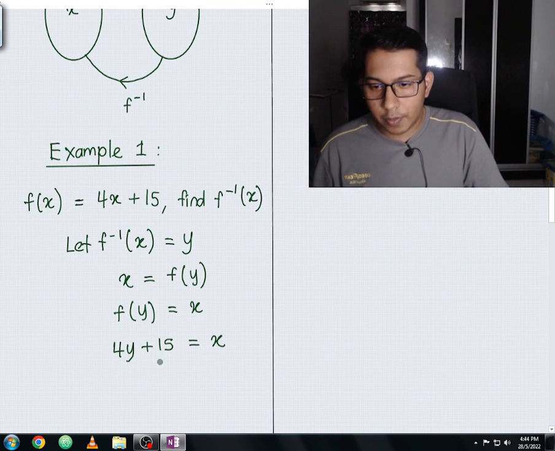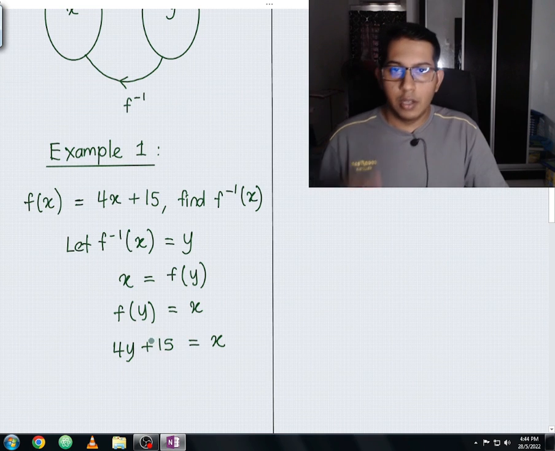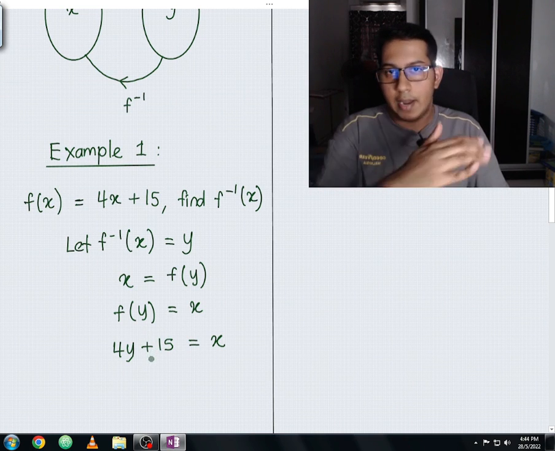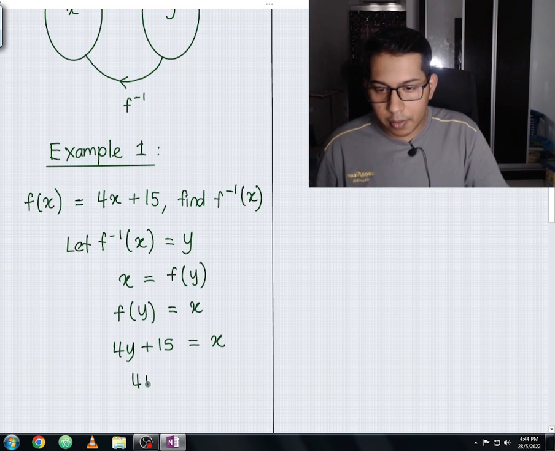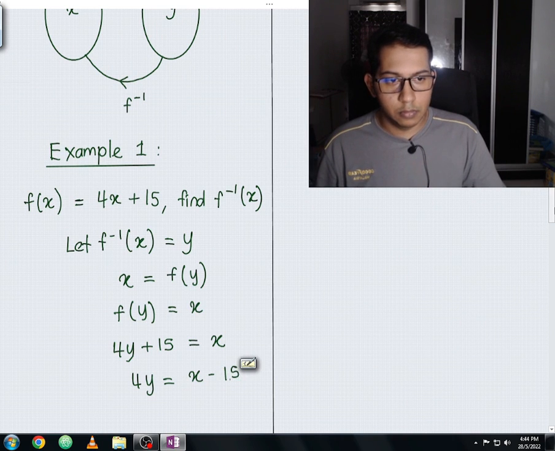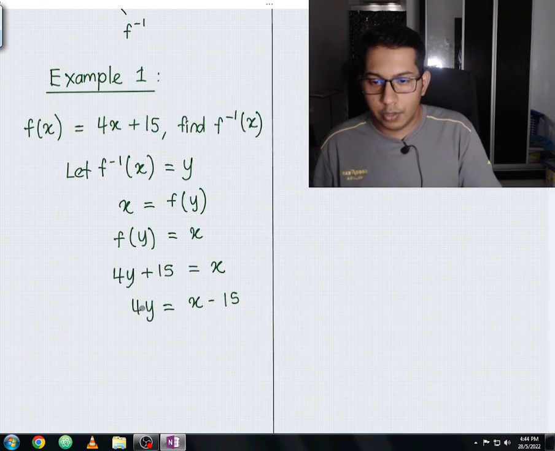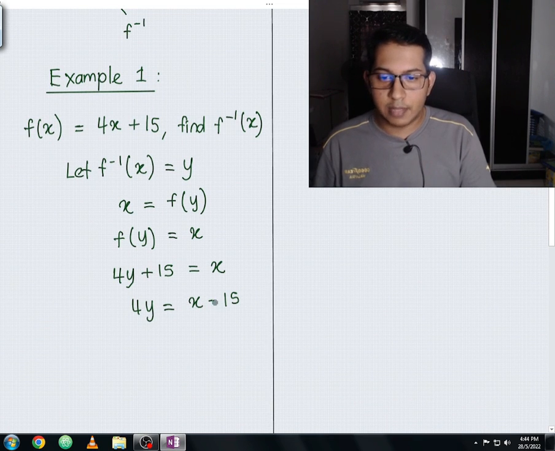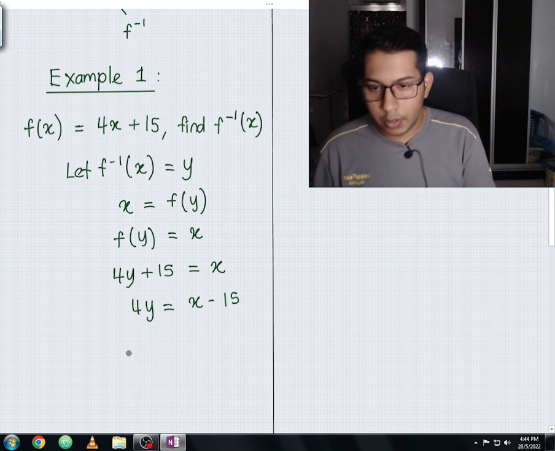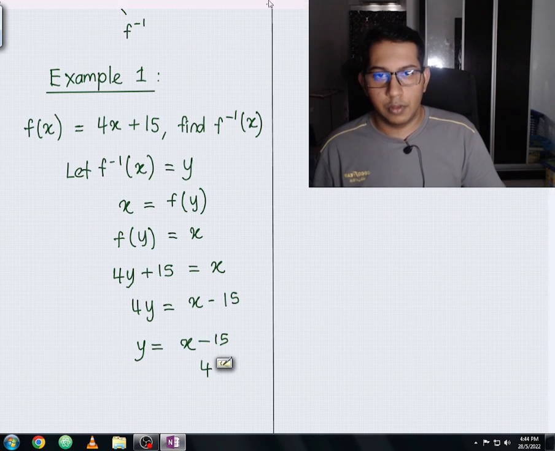So 4y plus 15 is equal to x. You move the 15 from the left hand side to the right hand side, so your 4y will be equal to x minus 15. Then to get your y, you divide x minus 15 by 4. So your y will be equal to x minus 15, divided by 4.